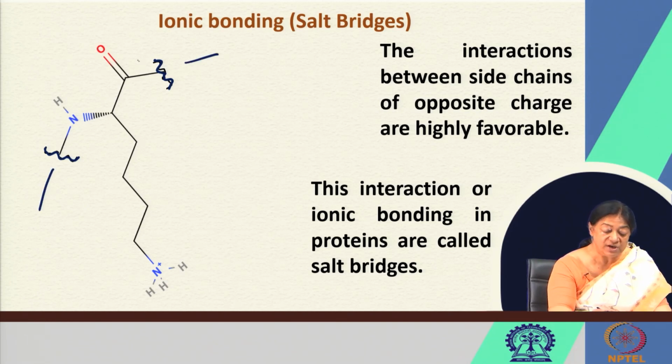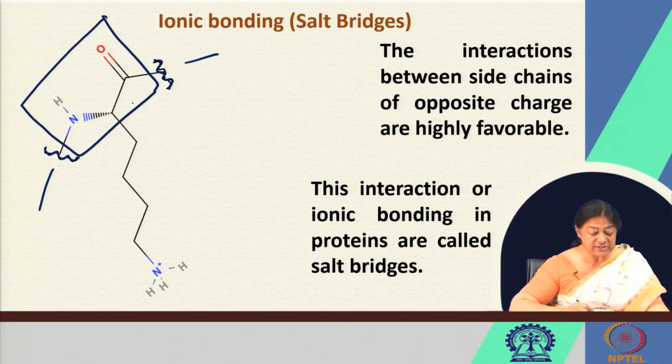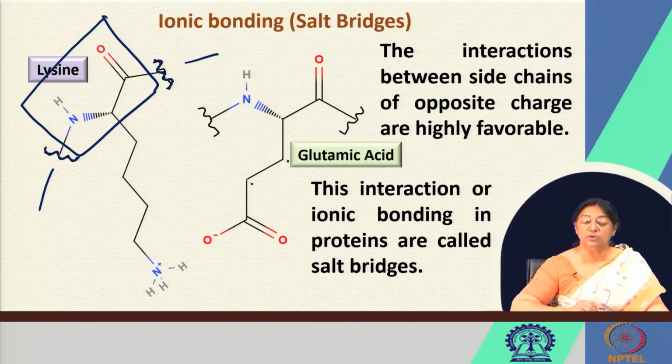And what we have here is the CO and the NH, so this is where we have the connectivity, the peptide bond. This is a lysine residue, and we can have it connect to a glutamic acid residue. How do we know this is glutamate? We know that there is a CH2 here and a CH2 here. So, this is a glutamic acid.